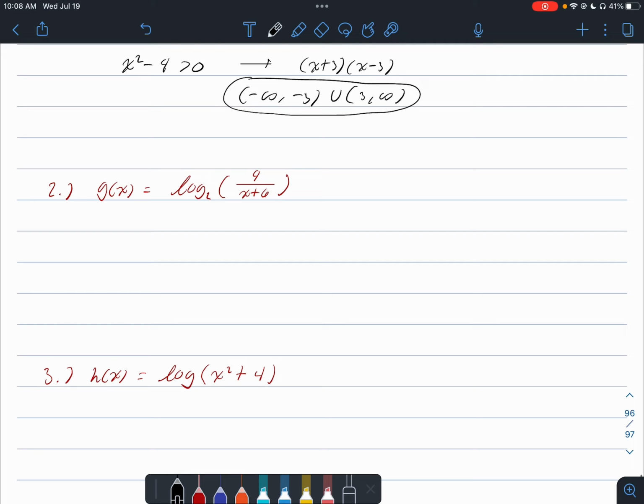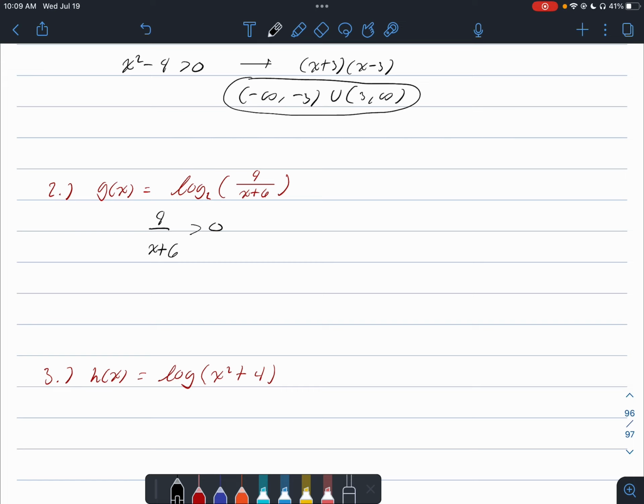Okay, let's take a look here at this one. How about g of x equals log base 2 of 9 over x plus 6? So here we have 9 over x plus 6 must be greater than 0.